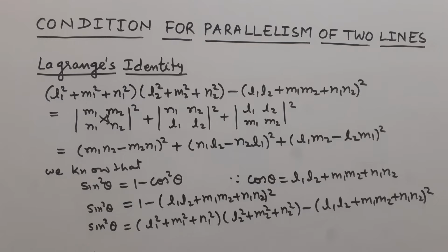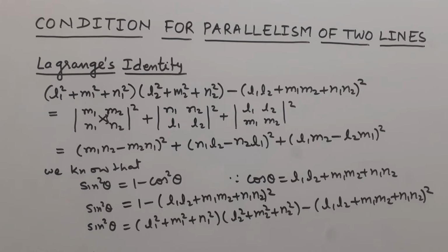We know that if L1 M1 N1 are the direction cosines of one line, then the sum of the squares of L, M and N is equal to 1. So L1 square plus M1 square plus N1 square is equal to 1, and L2 square plus M2 square plus N2 square is also equal to 1. So 1 multiplied by 1 gives 1. So sin square theta can be written as this one.